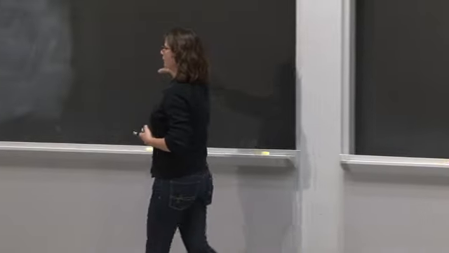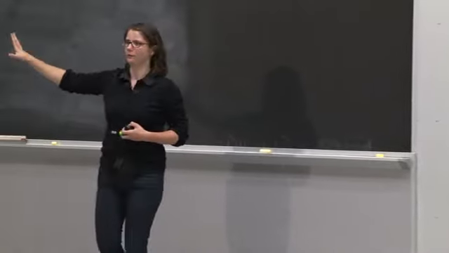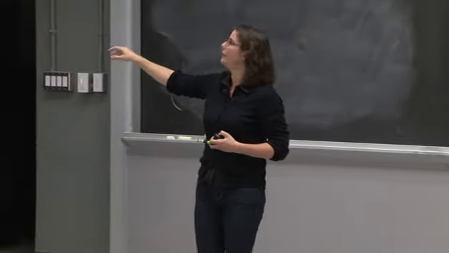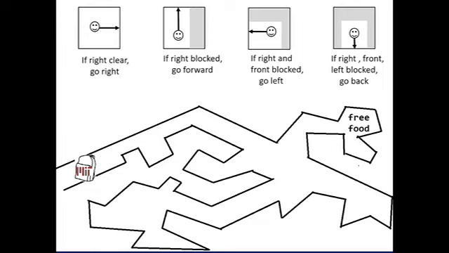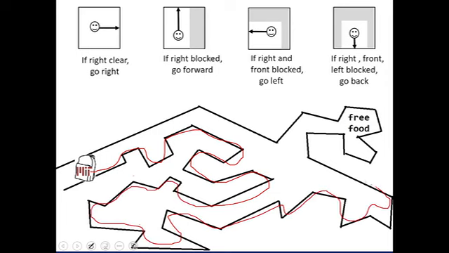If I keep going forward and there's a wall to my right and in front of me, I'm going to turn around and go left. Okay? And then if there's a wall to my right, in front of me and to the left, then I'm going to turn around and go back. So with this fairly simple algorithm, I just follow the path, always keeping the wall to my right, and eventually I end up where I need to be.